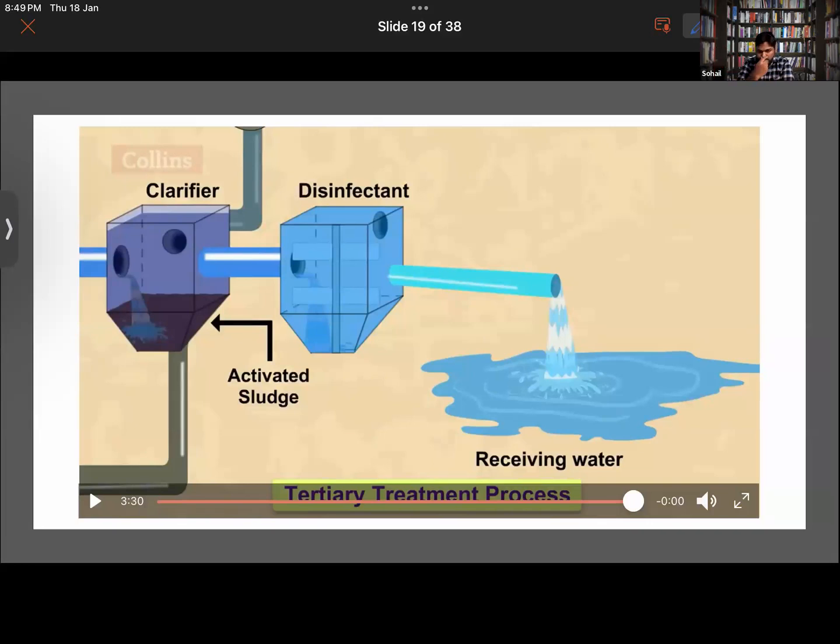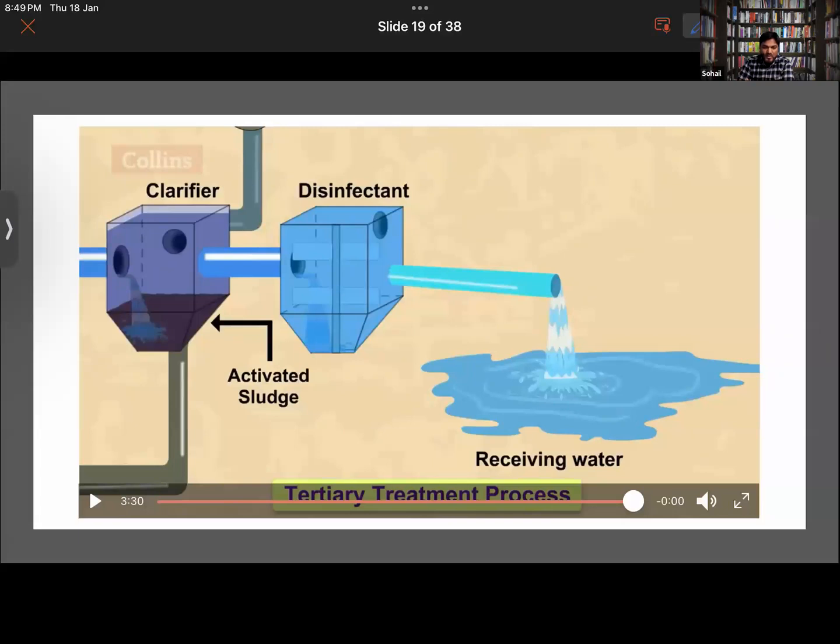In that case, this water will be used to recharge the groundwater. It will be used for irrigation purposes, and it will be used as supply water in the municipalities. Municipalities will be supplying the same water to the houses of the people.